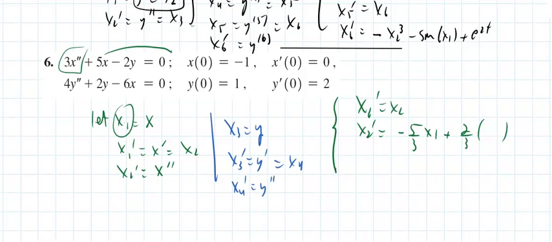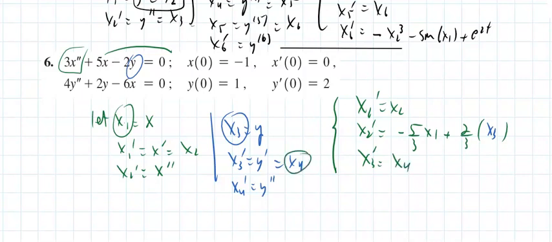So now that I have this y, that's in terms of x sub 3. And I'm going to go ahead, there's x sub 3 prime equal x sub 4 right there.